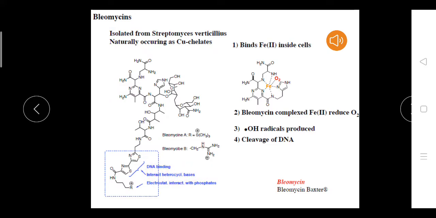Also the positively charged group is responsible for electrostatic interaction with the phosphate moiety of DNA. So the first mechanism of action is it intercalates the DNA bases, and the second mechanism of action is bleomycin binds with ferrous inside the cell.